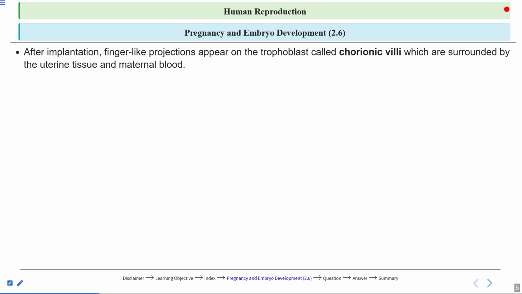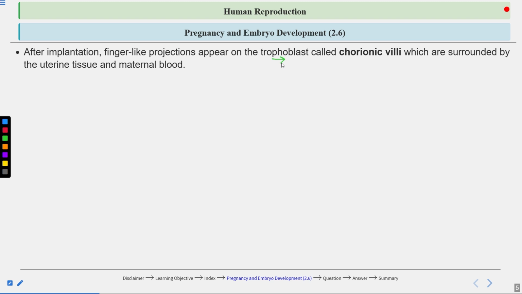So what happens after implantation? Finger-like projections appear on the trophoblast. Now, what was the trophoblast? The blastocyst was attached to the uterine wall, the endometrium, with the help of the trophoblast. The blastomeres present on the outer surface of the blastocyst form the trophoblast.